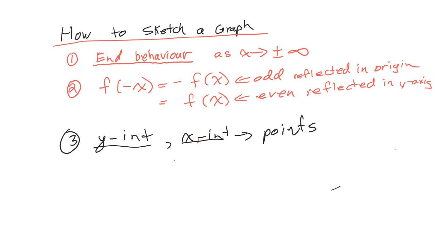For the y-intercept, it's 0 with a y value. And for the x-intercept, it's possibly several x's, so maybe x and then 0. Something like that. I need that from you.